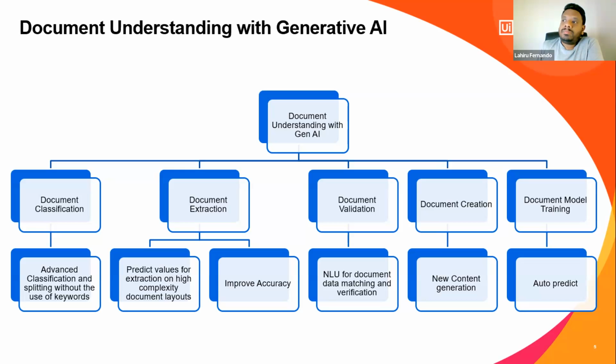The other thing when it comes to data extraction is improving the accuracy using the combination of all these models. So I'll show you another use case right after this on that. But there was another scenario when it comes to document data extraction.